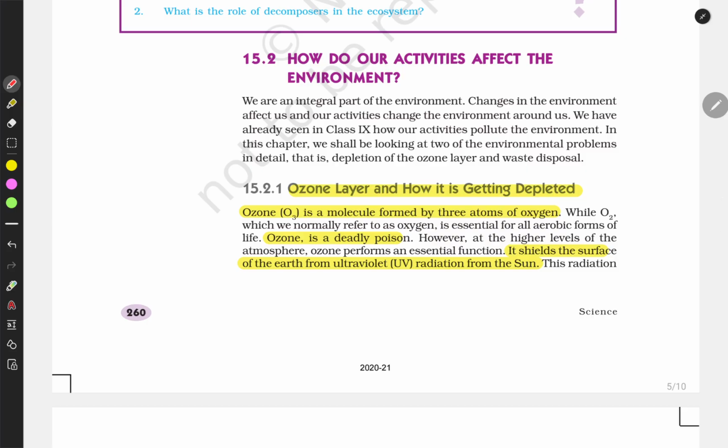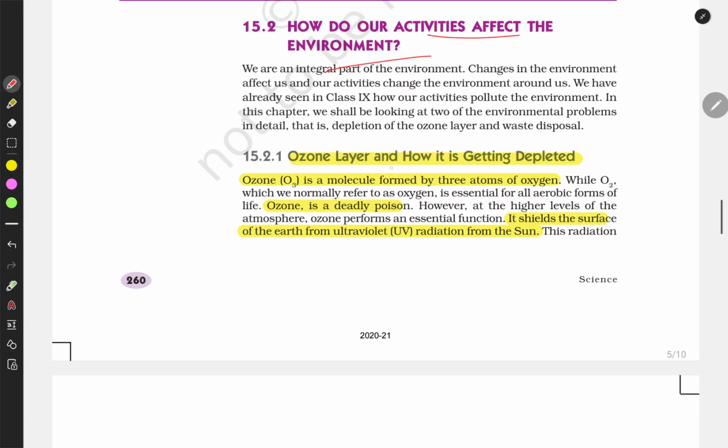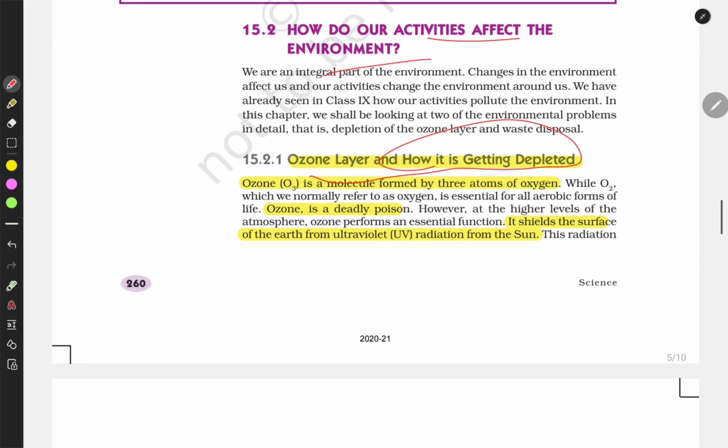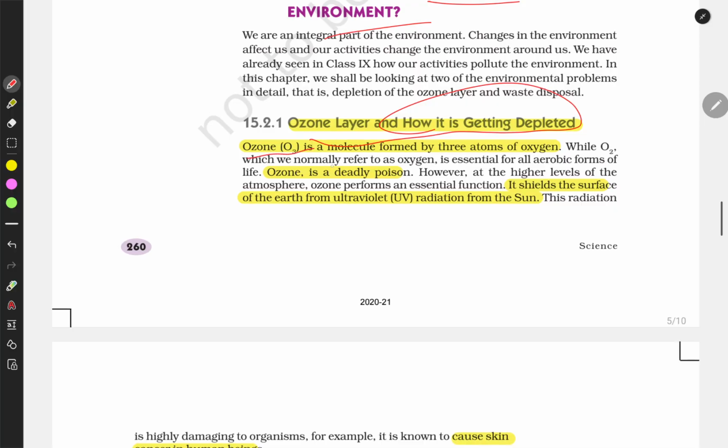Let's talk about how our activities affect the environment. Like we know about climate change. Along with climate change, we also have one more thing, ozone layer depletion. O3 is the molecule for ozone, and ozone is a deadly poison. However, it has an essential function.